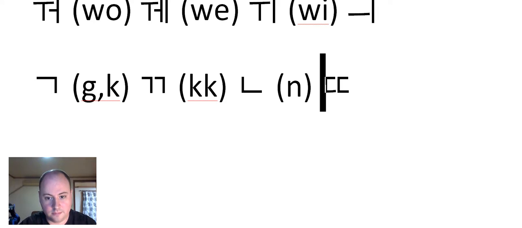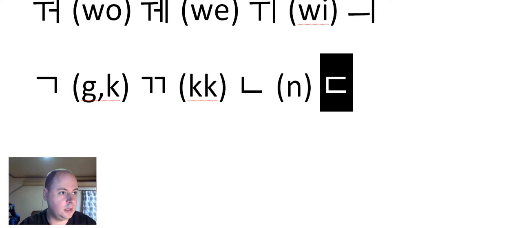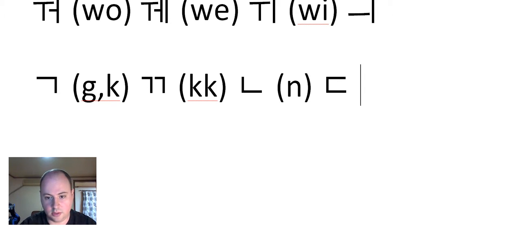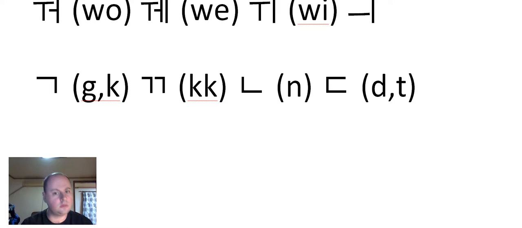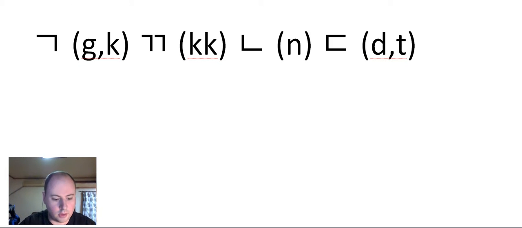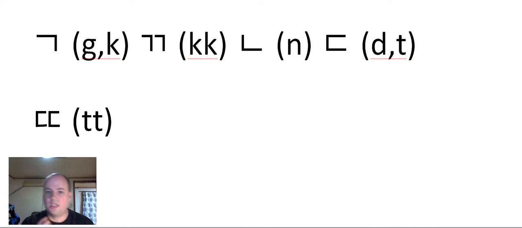Our next one here is this funny looking thing, which is either a D or a T sound, like D or T. But again, if you aspirate it, I think that's the right word, if you say it strongly, it becomes that, which is sort of written like a strong T sound. So when it's on its own, it's much softer, but when there's two of them together, it's much stronger.